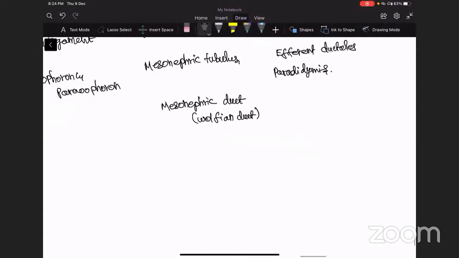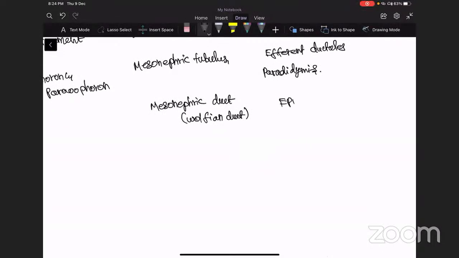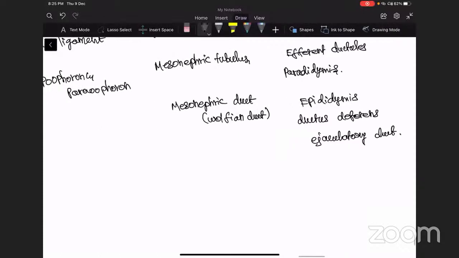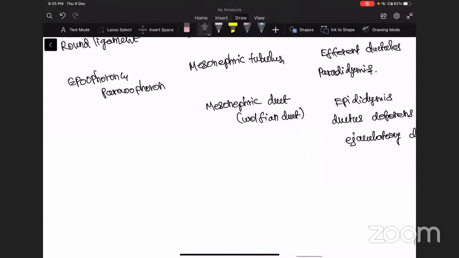In males, it gives rise to the epididymis of testis, ductus deferens, and the ejaculatory duct. And for female, it gives rise to Gartner's duct.